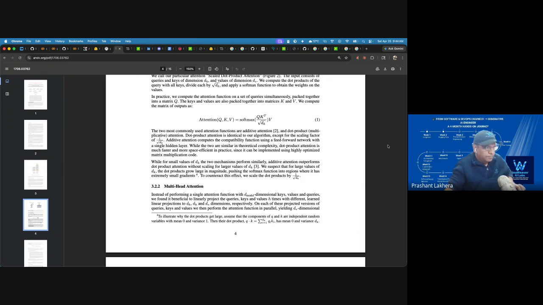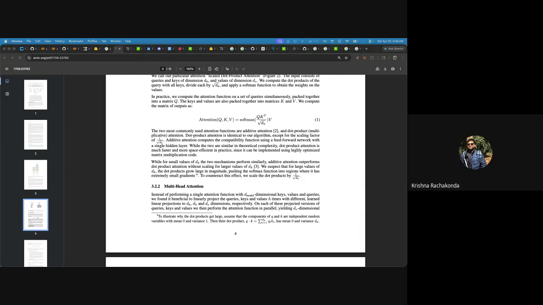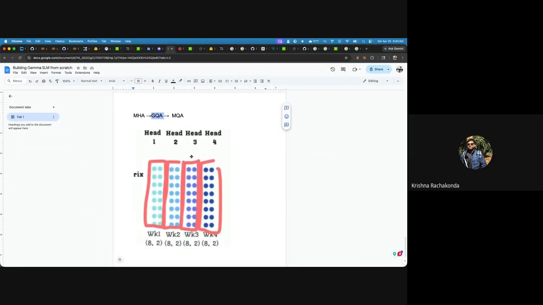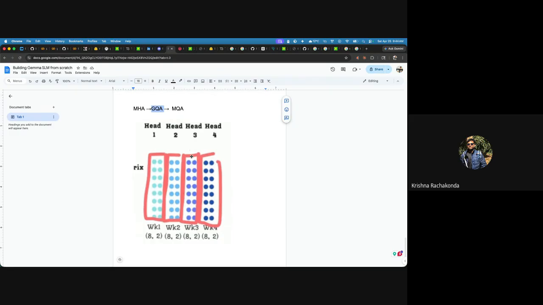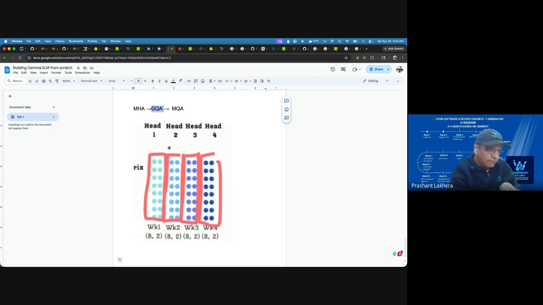So Prashant, when you were saying you were grouping the keys, or cloning the keys, or copying the keys, is it called grouped query instead of grouped key? So the query always remains the same. Query, we are not changing anything. It's just the keys and values that we are grouping.